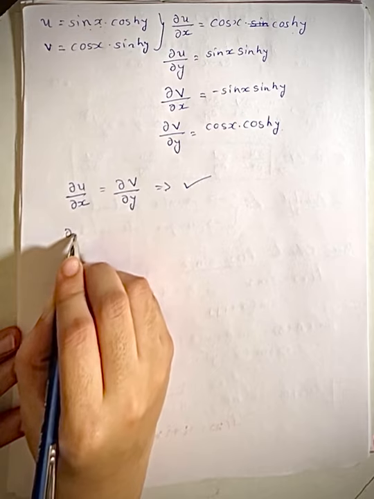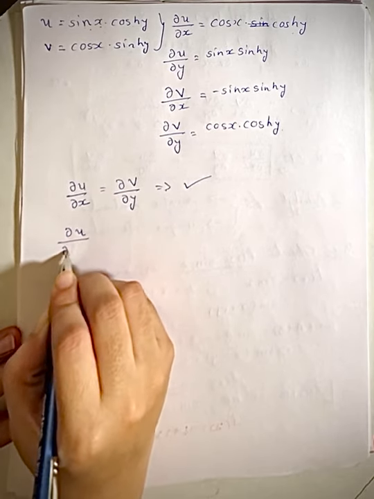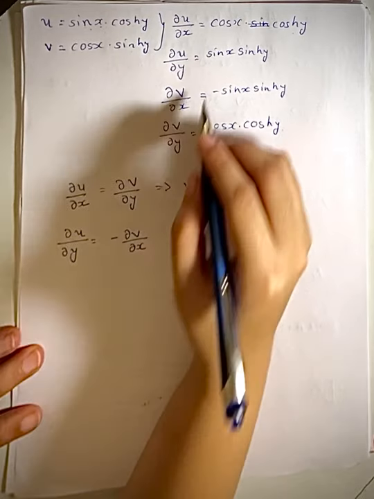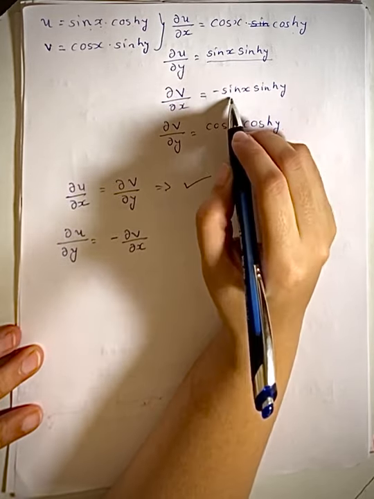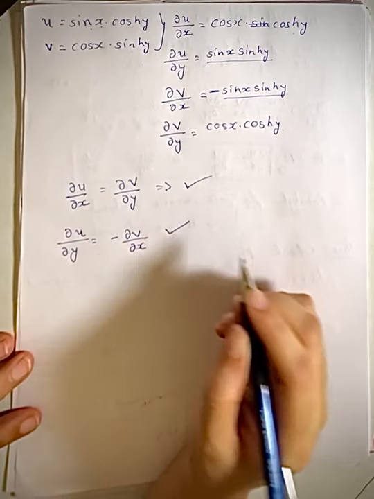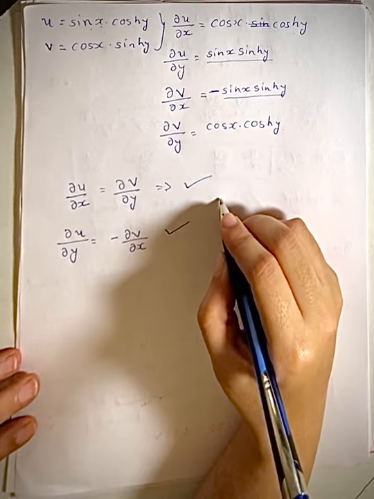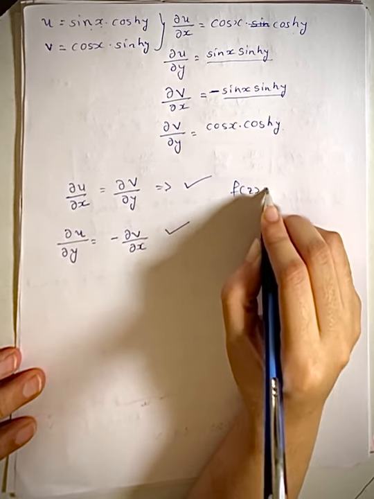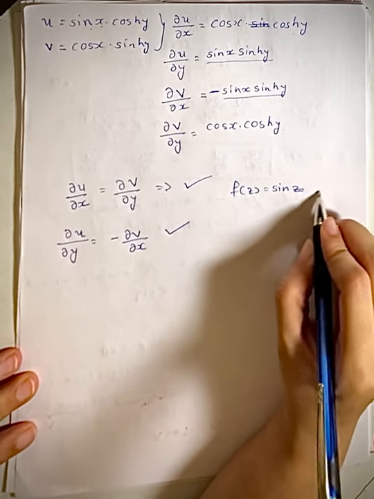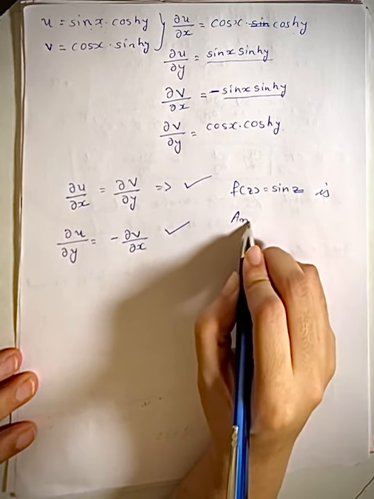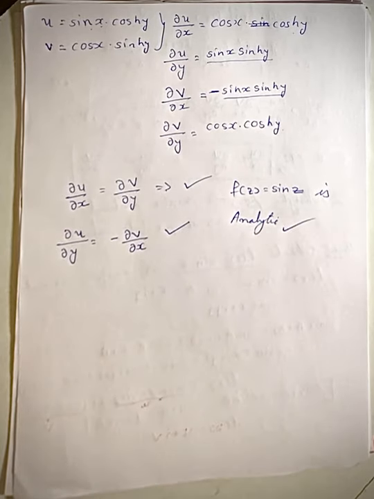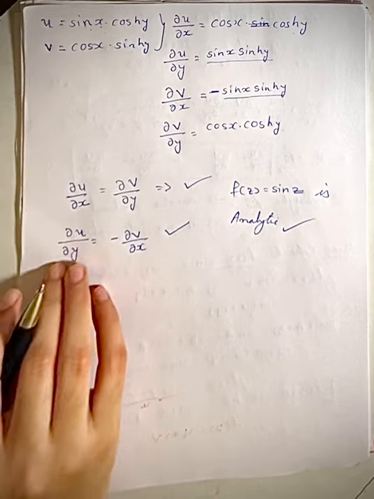Then del u by del y should be equal to minus del v by del x. Del u by del y is this, del v by del x is this, and this is a minus of that. So yes, this is also maintained. That means this f of z equals sin z, which was the function, is analytic. This is verified. So this is how we verify whether the given function is analytic or not.